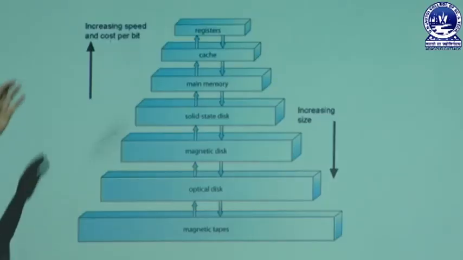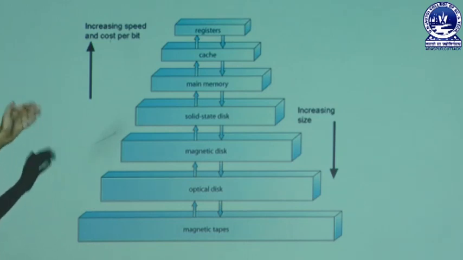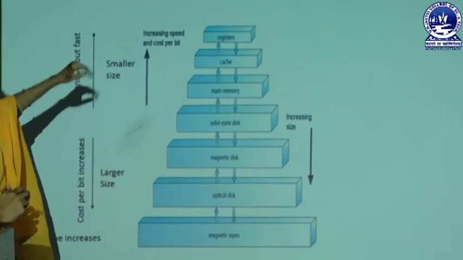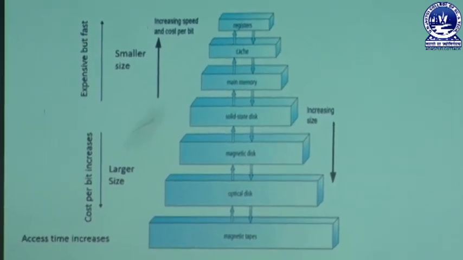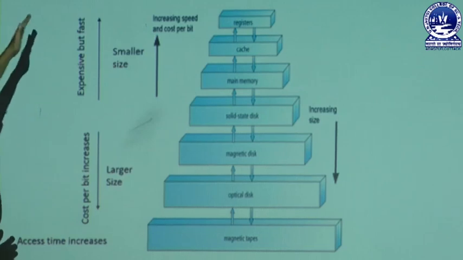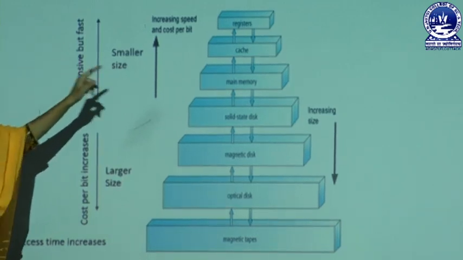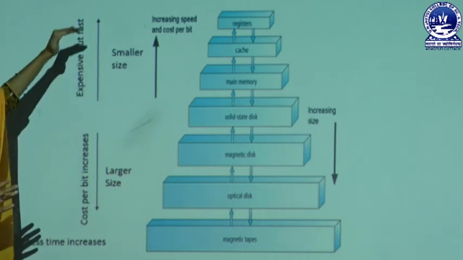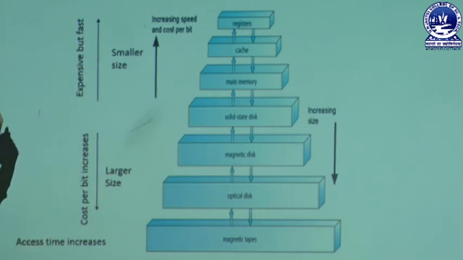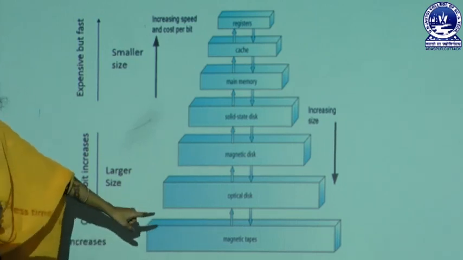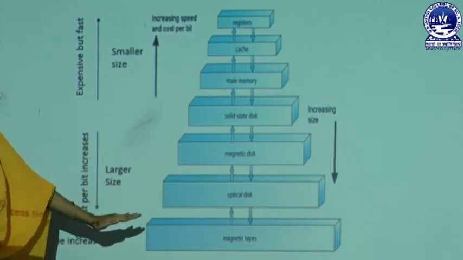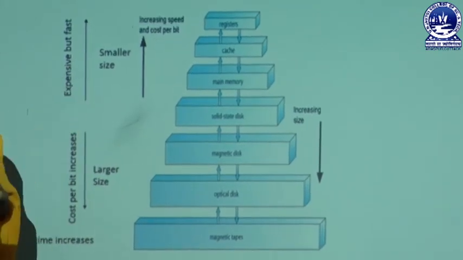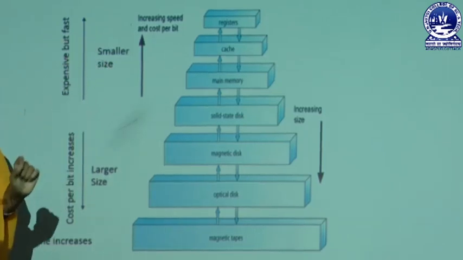If you look at this hierarchy, when you go up the hierarchy, the devices become expensive and fast, but the size of the devices goes smaller. The last one, magnetic tapes, is the biggest in size. So we can say that registers are fast and the size of the registers is small.